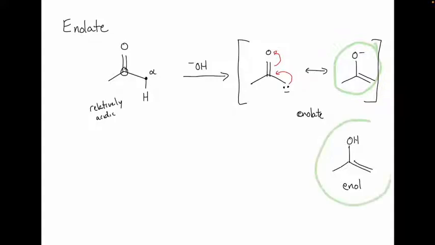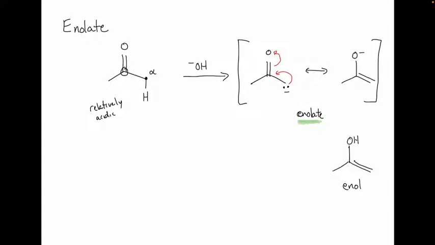So this is an enol, this is an enolate. But importantly, if you remember how resonance works, it's not like one of them's true at one time and another one's true at another time. They're both true at the same time. This has to do with the fancy quantum mechanics of how electrons work, how they can spread themselves out and be in more than one place.